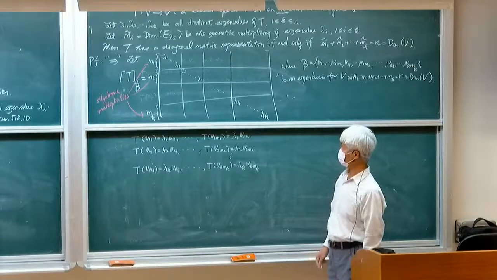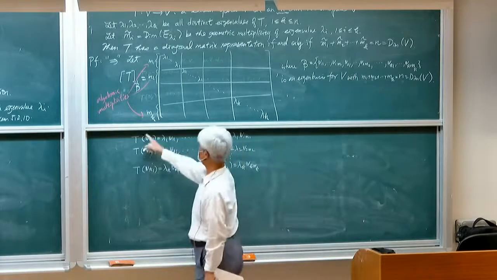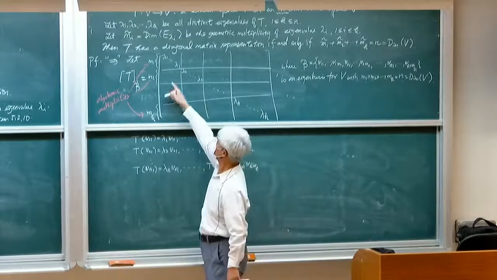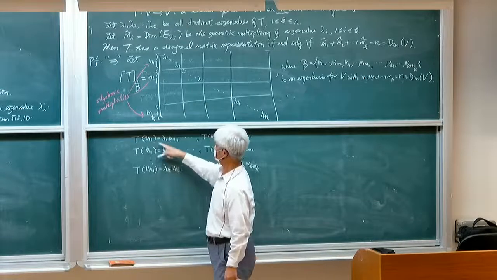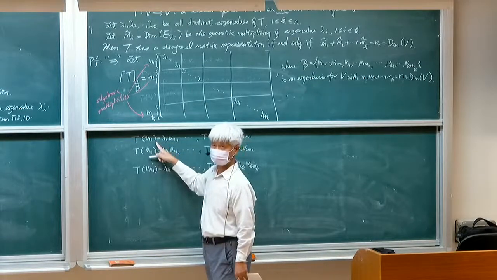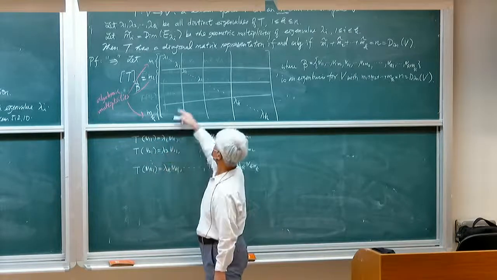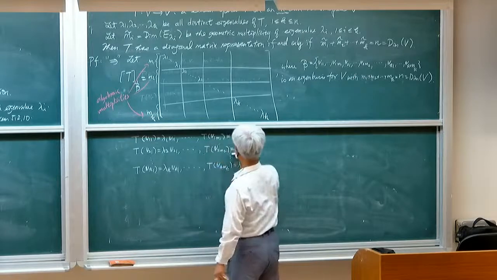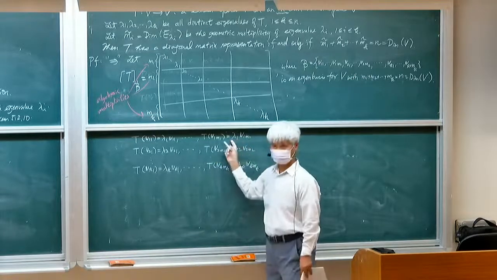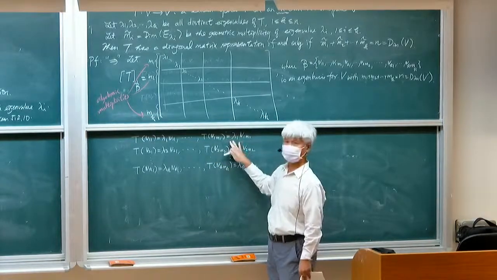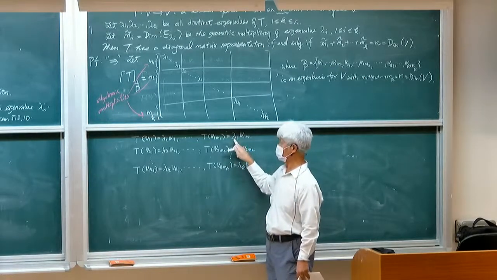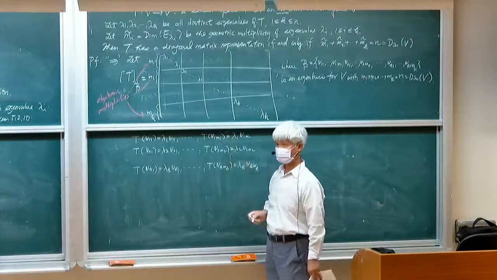From this matrix, because it is diagonal, we have that. This is the first column, corresponding to this eigen equation, and the second column, etc., up to the M1-th column. They all correspond to eigen equations, and the scalar here is eigenvalue number 1.